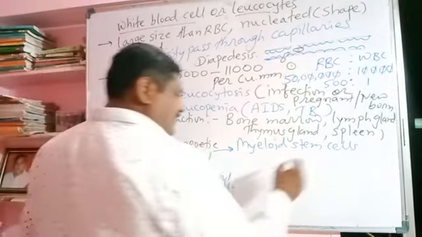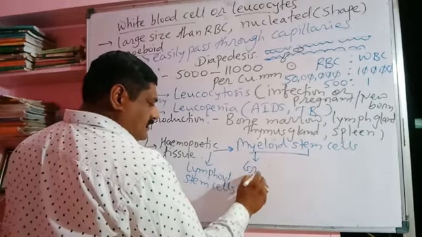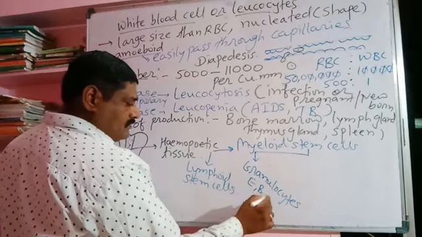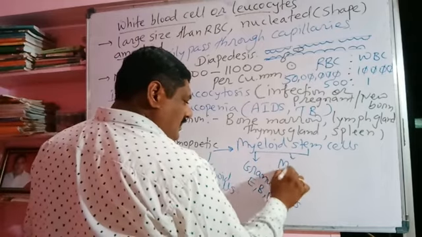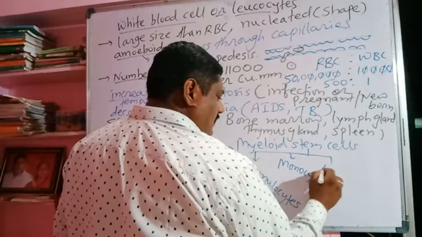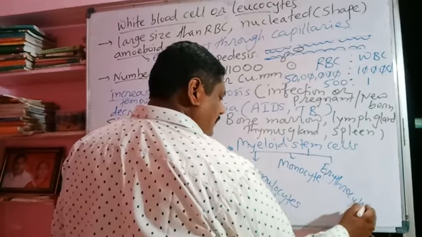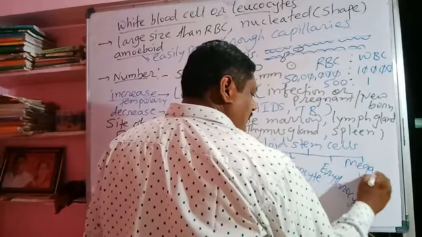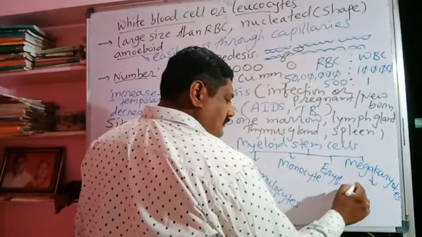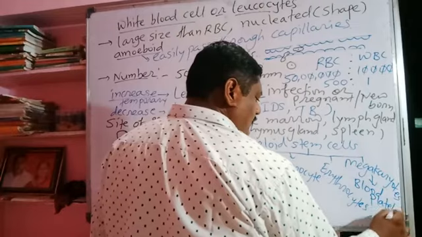Myeloid stem cells divide and redivide to produce different types of cells, that is granulocytes, eosinophil, basophil, neutrophil, and monocyte. They also produce erythrocytes, red blood corpuscles, and the megakaryocytic cells. Megakaryocytic cells develop into thrombocytes, blood platelets.